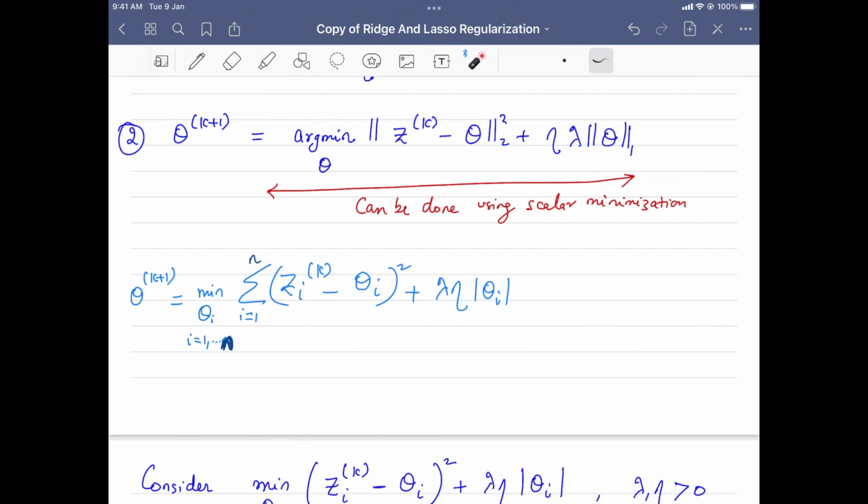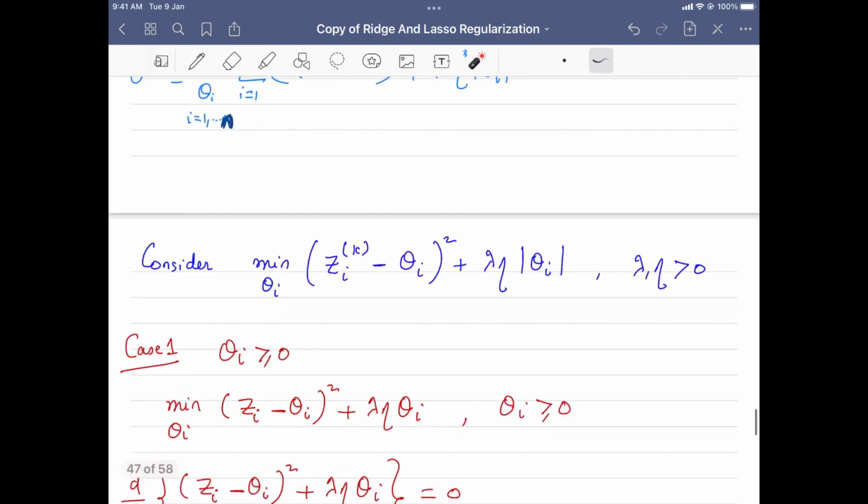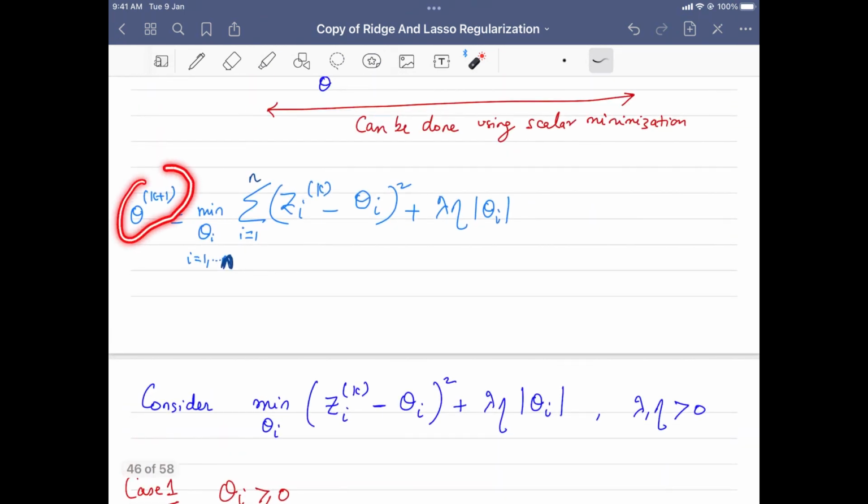So now we will again consider one specific ith component of this summation. If I try to optimize a specific value of theta i, I can do it for other thetas also, and then we can concatenate them into a single vector, which will give you the complete vector theta.